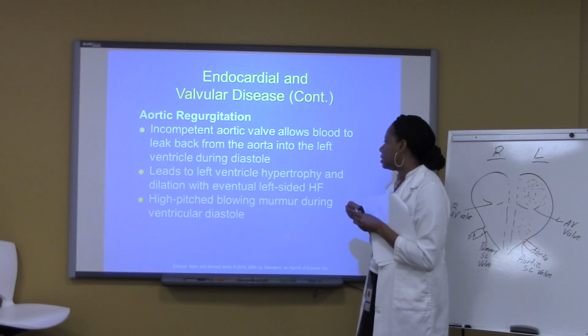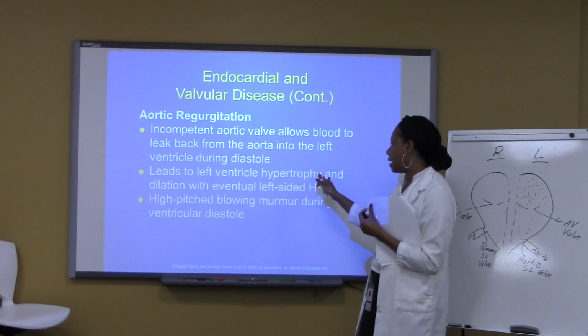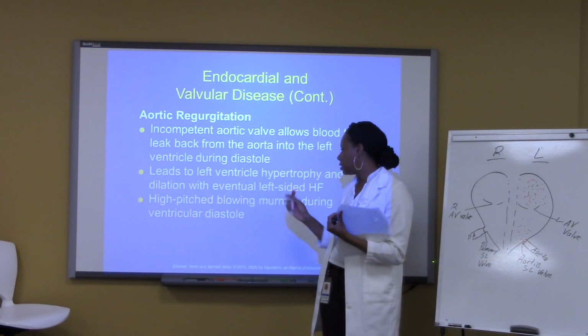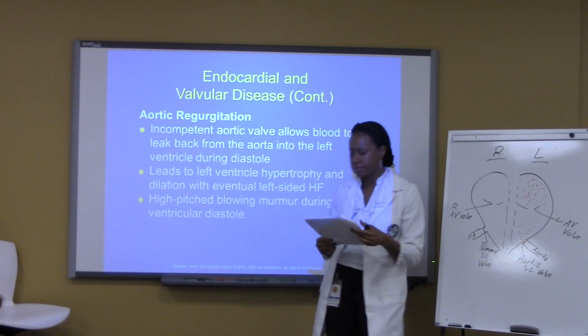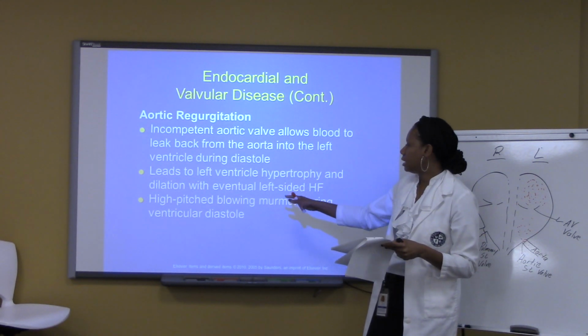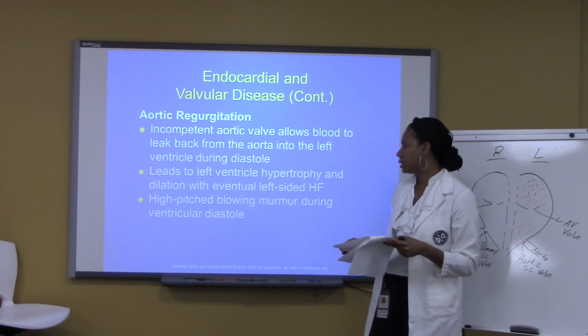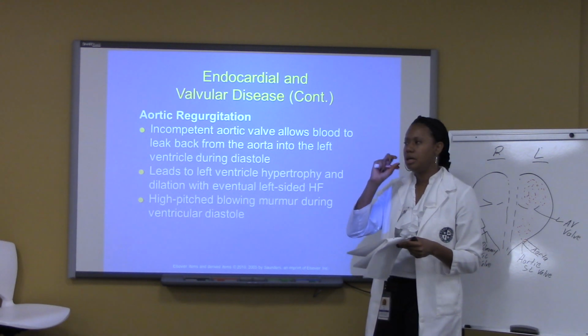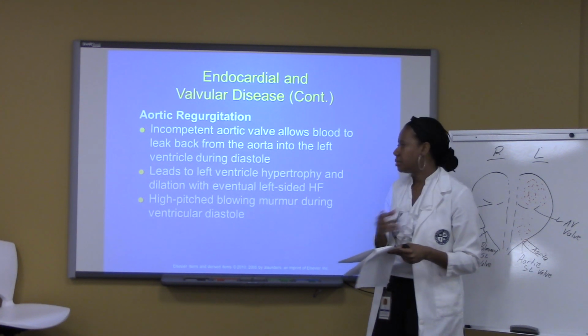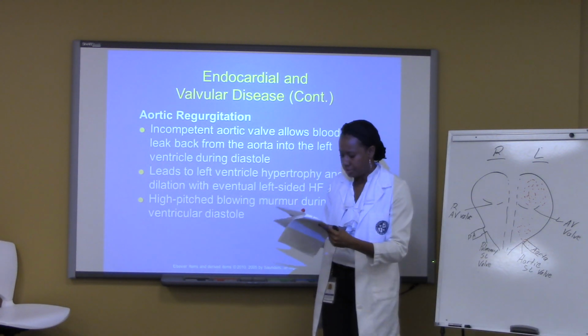This can lead to left ventricular hypertrophy and dilation, and obviously to left-sided heart failure. They can have a high-pitched blowing murmur with this. It'll sound very high, like a blowing sound that goes through the lub-dub, and that's the murmur that is heard.